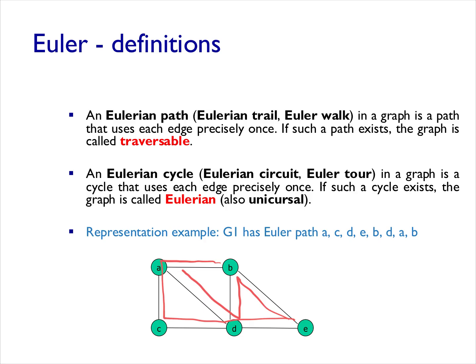Stuck or not yet? Yeah, I'm finished. So I started from B, I finished at A, and I made sure that I pass every single edge only once. I care about the edges. I don't care about the vertices. Okay? There is no edge that I passed through two times. There is no edge that I skipped. I went through all the edges of the graph exactly one time, and I started from one point and finished at a different point.